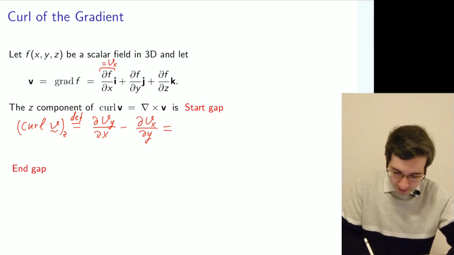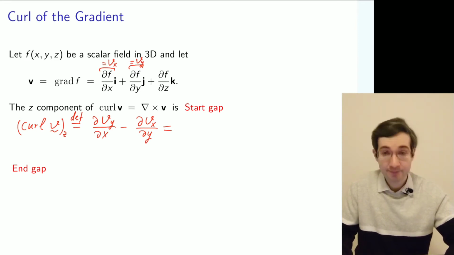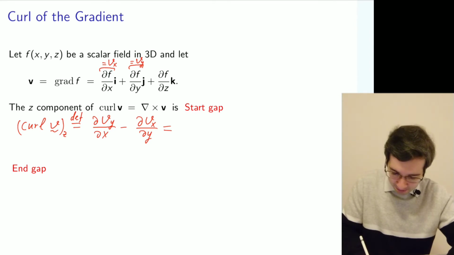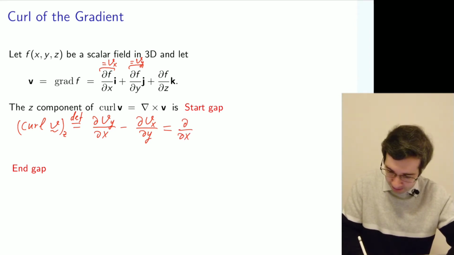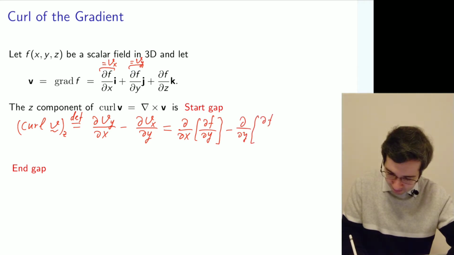Vx and that is Vy. So we can write it as partial derivative with respect to x of df with respect to y minus partial derivative with respect to y of df with respect to x.